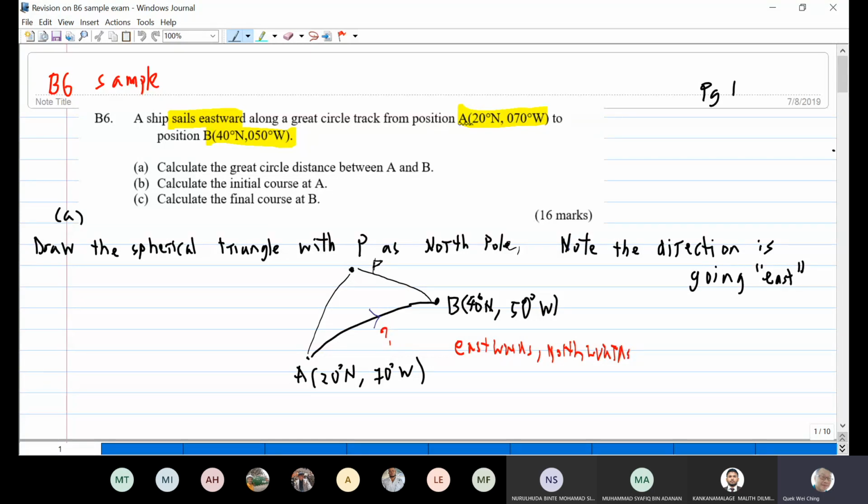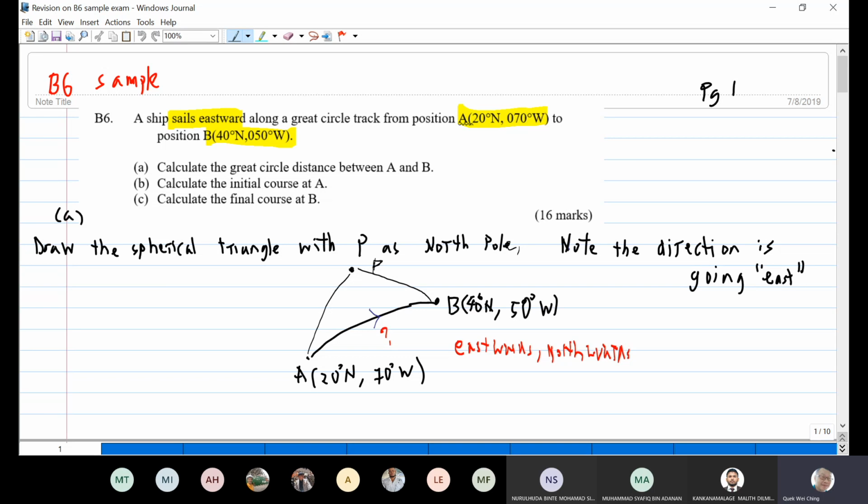Let's do a question first. It has 3 parts. The ship sails eastward along a great circle track from position A, 20 degrees north, 70 degrees west, to position B, 40 degrees north and 50 degrees west. So how does the ship actually move from A to B?